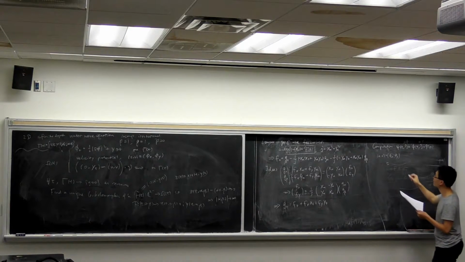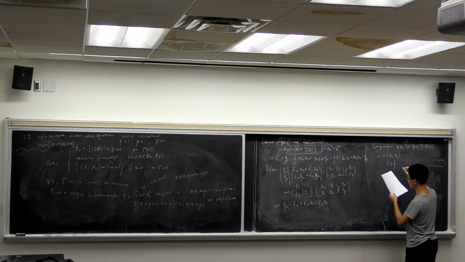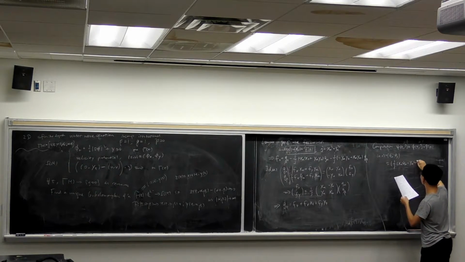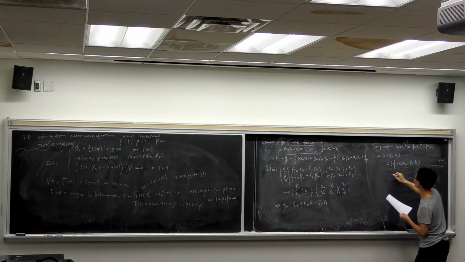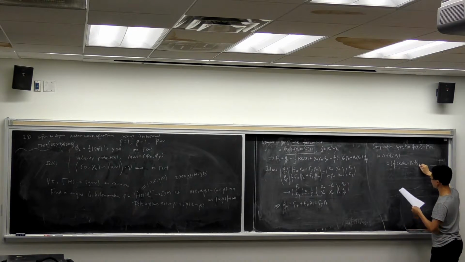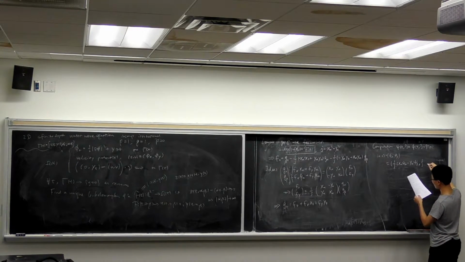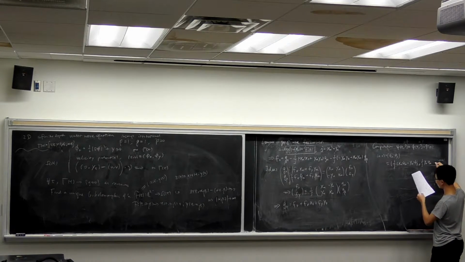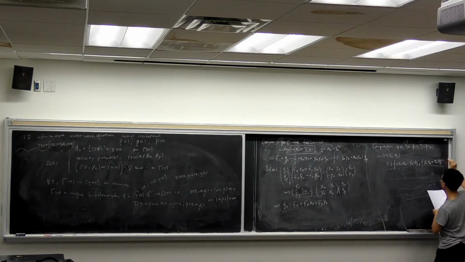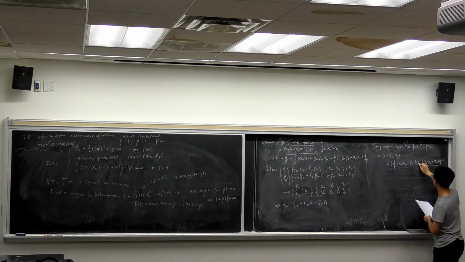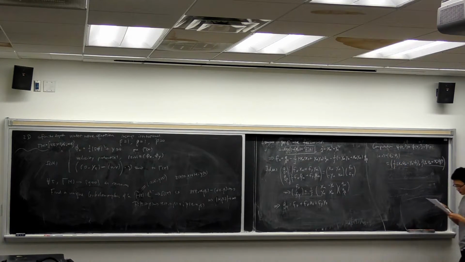So u is 1 over J (x_alpha phi_alpha minus y_alpha phi_beta). V is 1 over J (y_alpha phi_alpha plus x_alpha phi_beta). There should be parentheses here.